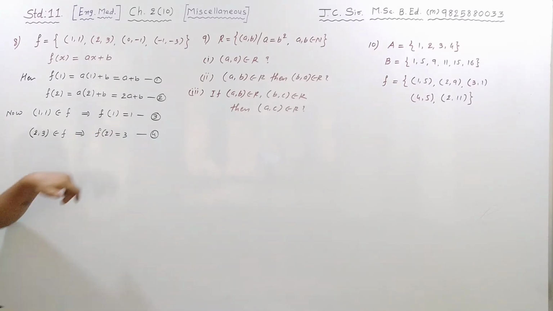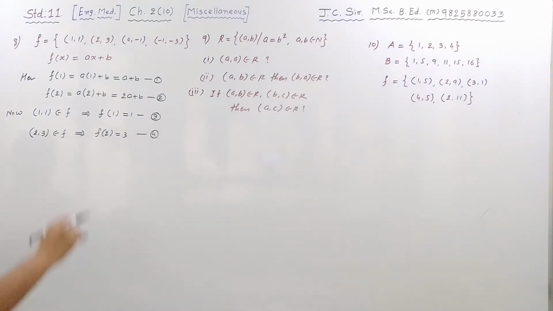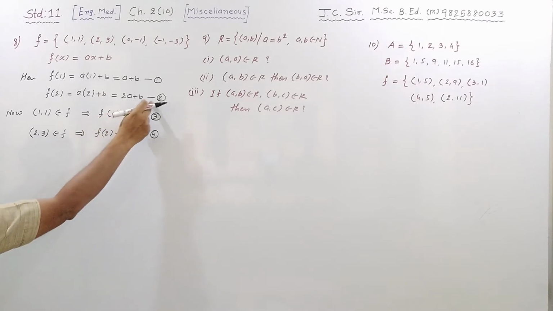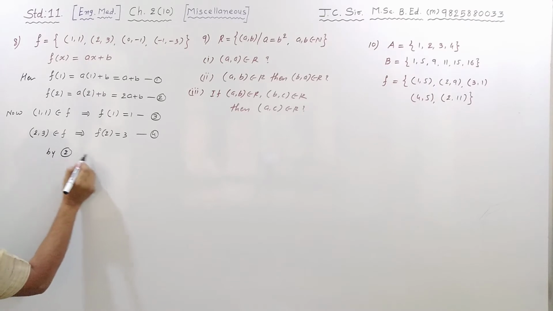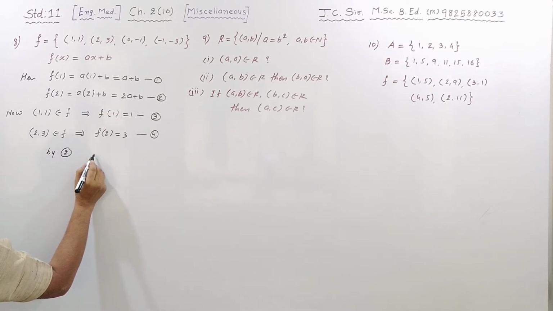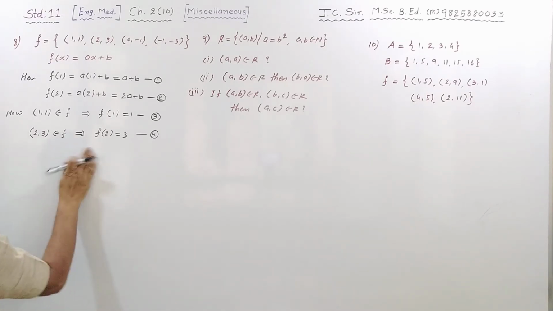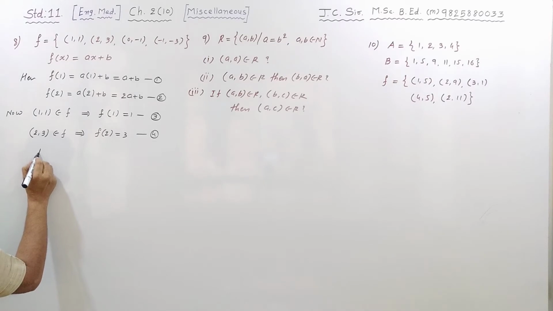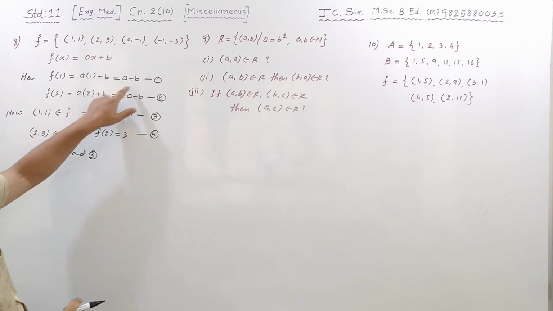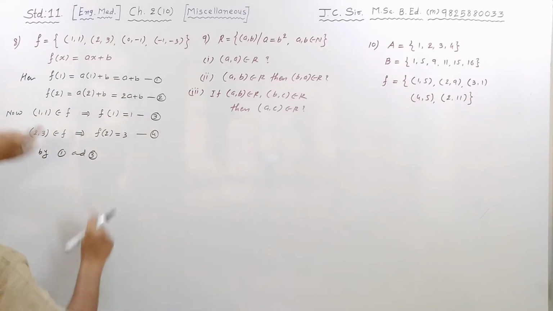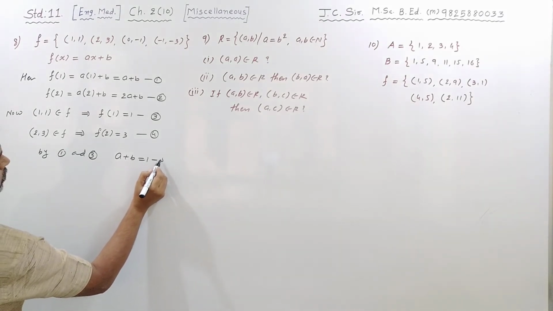Now see, by using these 4 results easily we can find the values of a and b. See, by 1 and 3, it is f(1), so a plus b is 1, number 5.